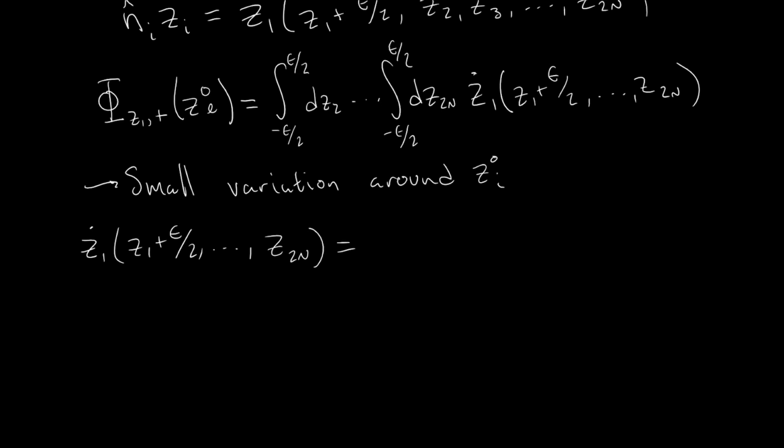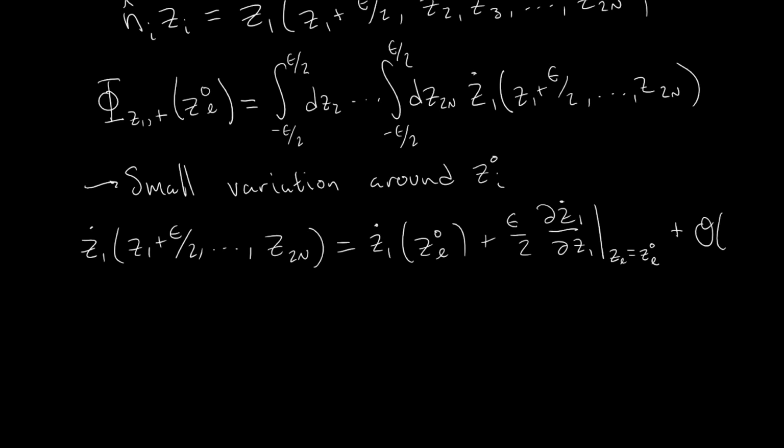I'm just going to expand this very naively: ż1 evaluated at z0 plus epsilon over 2 times dż1/dz1, so we're just evaluating this derivative at z0, plus higher orders in epsilon squared, which I don't really care about.